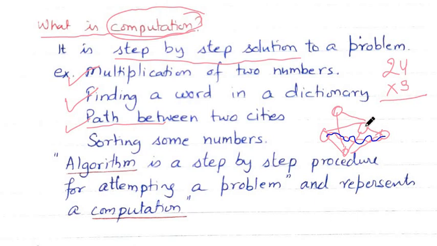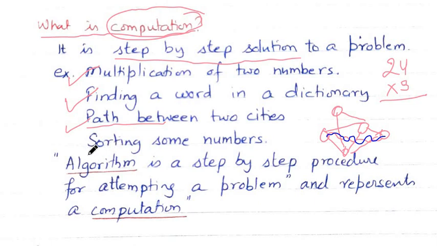That is called existence of path. Another problem could be that you are given a collection of numbers and you want to sort them. Sorting those numbers involves a step-by-step solution, and hence it incurs computation.